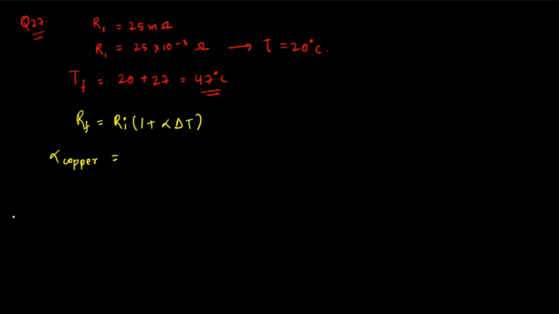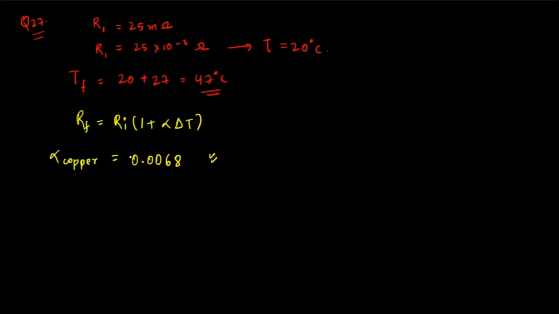Yes, it's in the textbook, but that is the value of resistivity, whereas the alpha for copper wire is 0.0068. That is the value of alpha for copper wire. It is already given in your textbook, you can check it out.